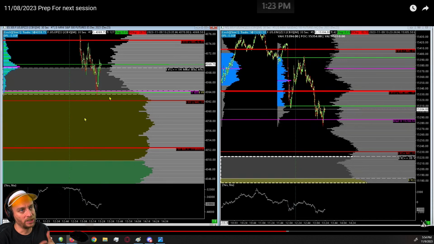So you're going to see those tags. Low nodes and yellow boxes stay as long as they're still there. But the moment the white box gets traded through, it dies. So this is dead, but I refuse to delete it because I want you guys to see, because this is a great example for YouTube.